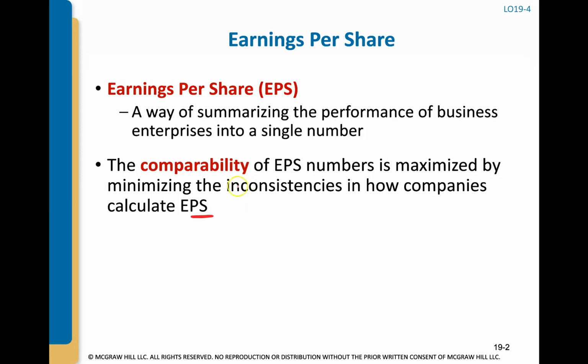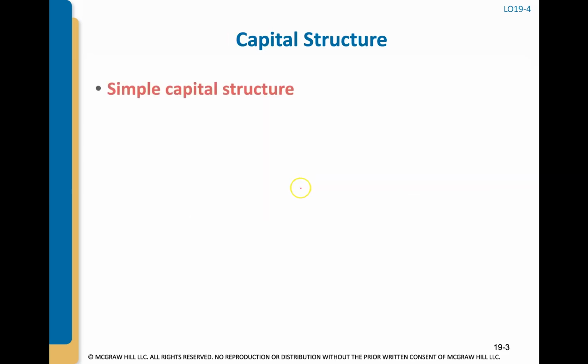So we're going to go into basic earnings per share in this video, but as we'll continue in other videos going into dilutive earnings per share, you'll see how many rules there are around it, and this is why. It's so that it can be comparative from one business to another.